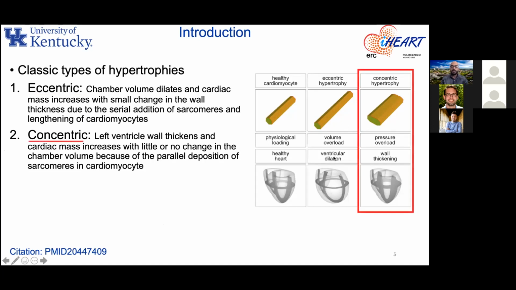The second class is concentric hypertrophy, where sarcomeres deposit in parallel, and it leads to an increase of the cardiomyocyte width at the cellular level. And at the organ level, we can see the LV wall thickness increasing with a small change in the ventricular chamber size.